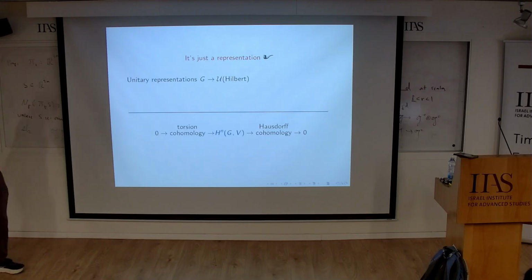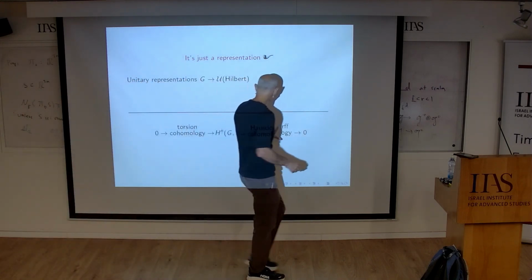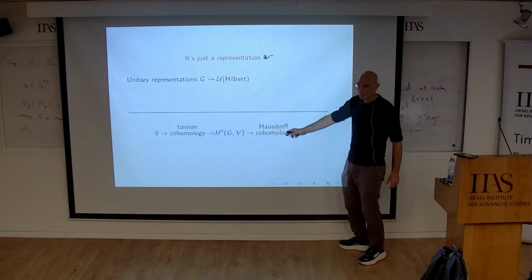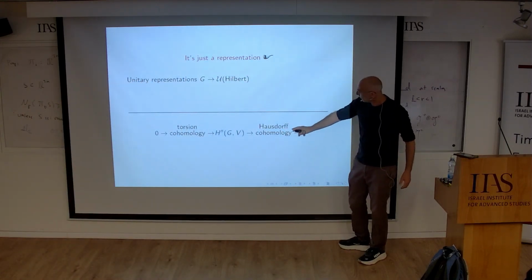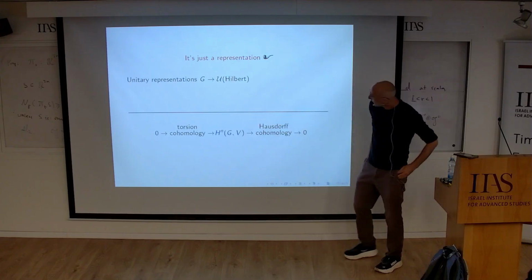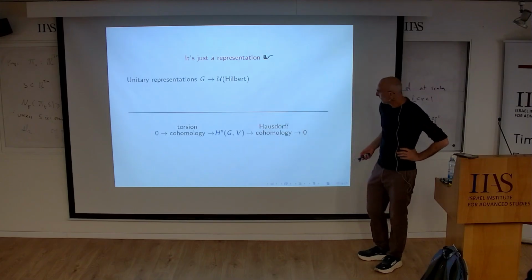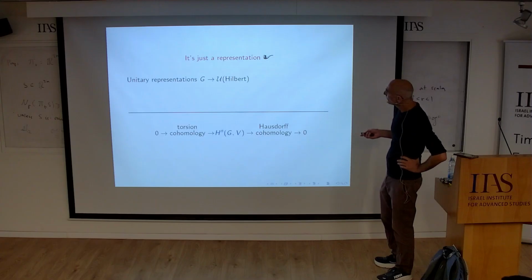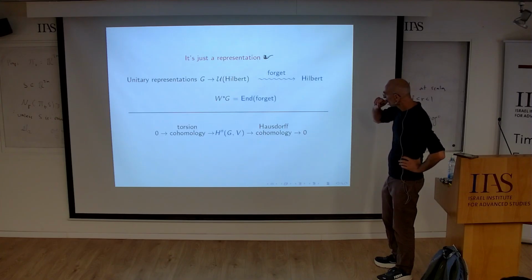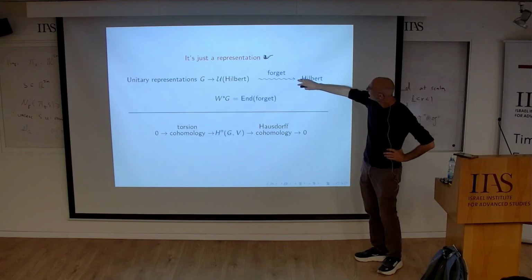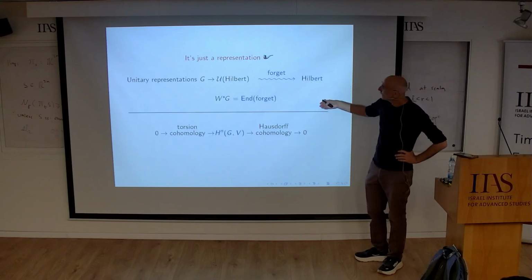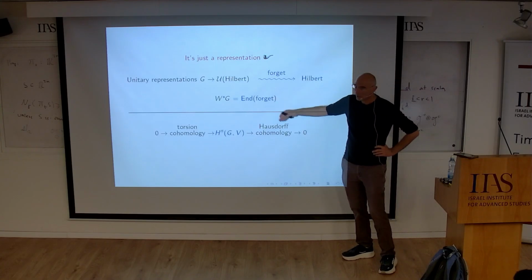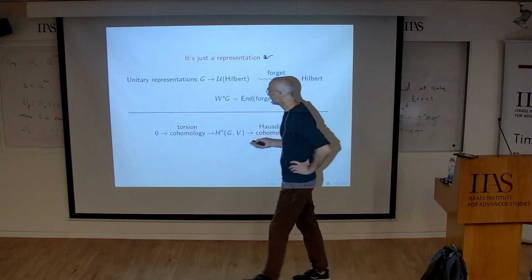So it always has a Hausdorff quotient, and this will typically be a Hilbert space, and it will have the kernel, which I call torsion. And just to tell you something fancy, let's observe that whenever I have a G representation, actually there is a universal algebra that acts on that same space.